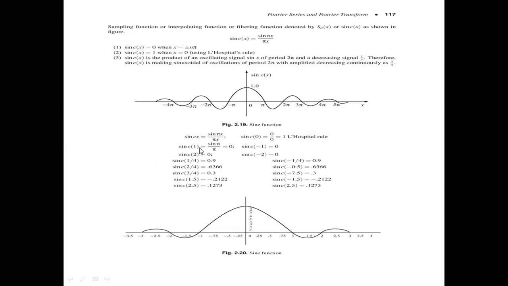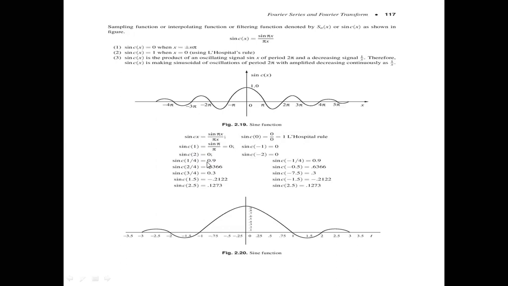And sinc 1 is equal to sin pi by pi, which is 0. Sinc minus 1 and minus 2 are also 0, and sinc 2 is equal to 0.